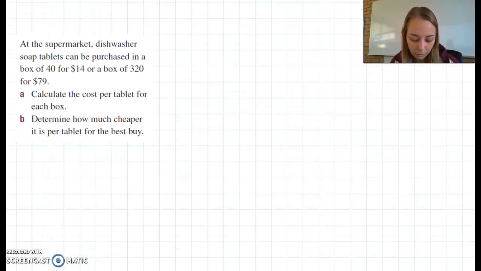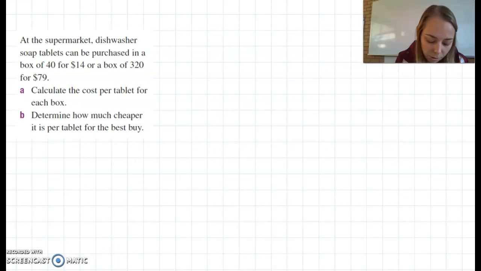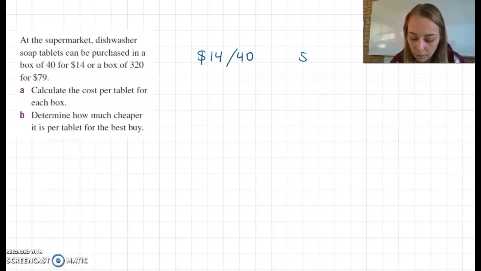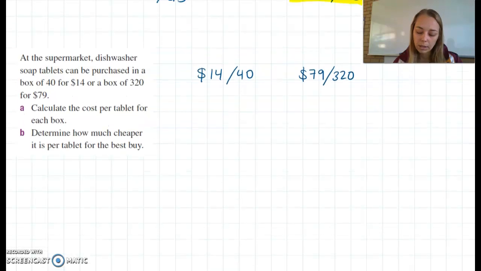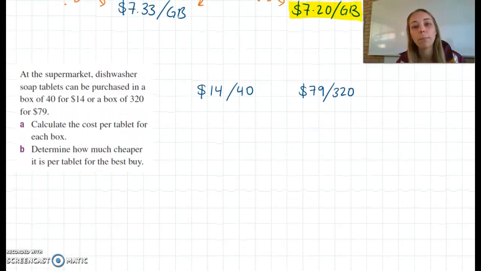All right, last question. At the supermarket, dishwasher soap tablets can be purchased in a box of 40 for $14, so $14 for 40 tablets, or they can be done at $79 for 320 tablets. We need to calculate the cost per tablet in each of the boxes.